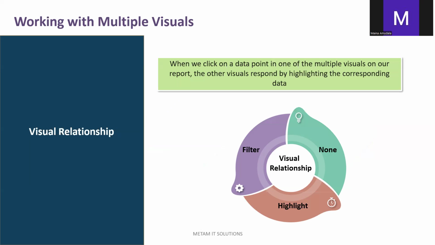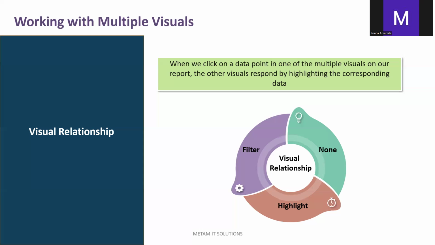For example, I have created a dashboard about employee data, with categories like place, name, salary, income, number of working days, and leaves. I click on a particular employee, and the rest of the visuals respond by highlighting the corresponding data, so we can easily analyze it.